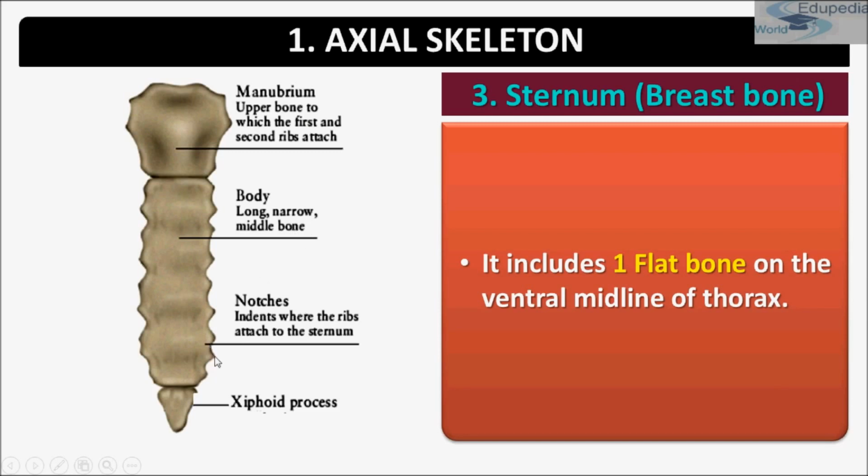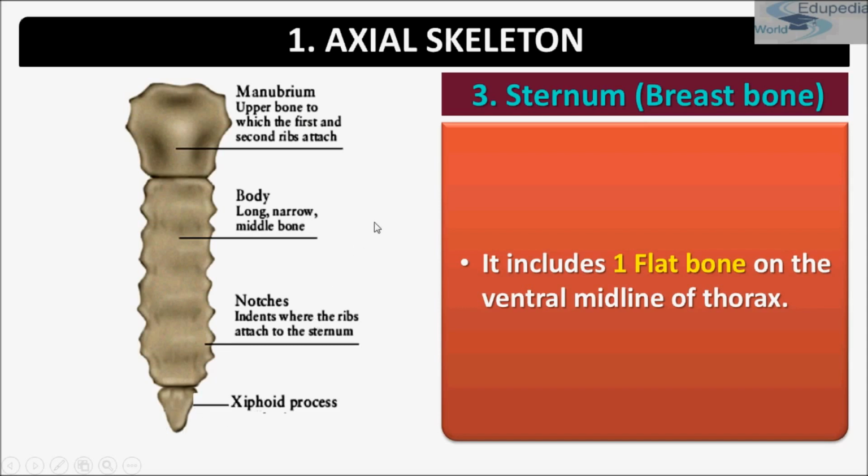And these are the notches, the indents where the ribs attach to the sternum. See, ribs attach to the sternum, and ribs are 12 in number, right? And then comes your xiphoid process. The xiphoid process is a lower small cartilage plate, which we call the xiphoid cartilage.